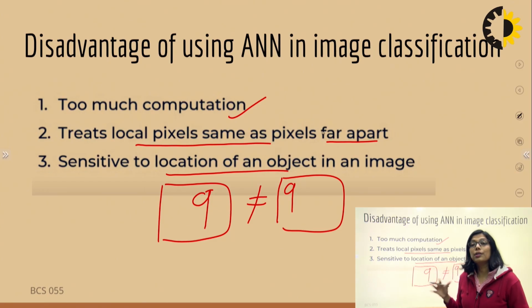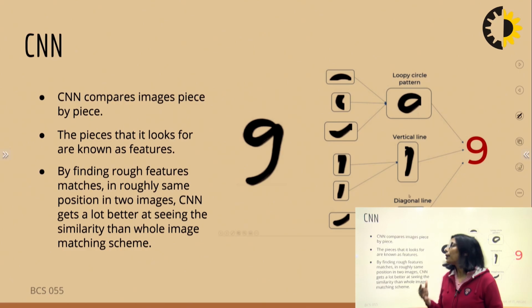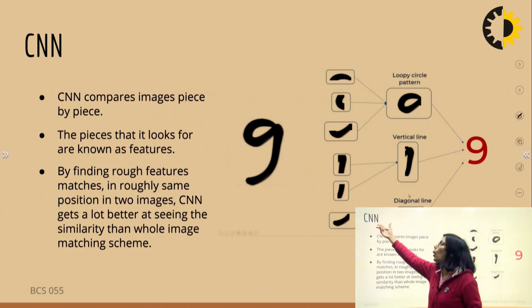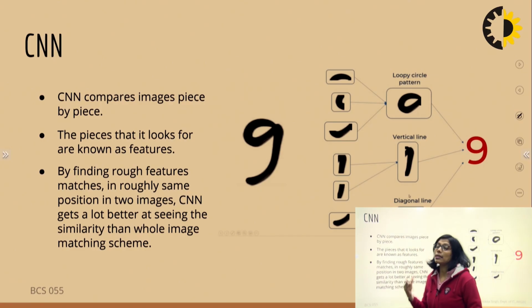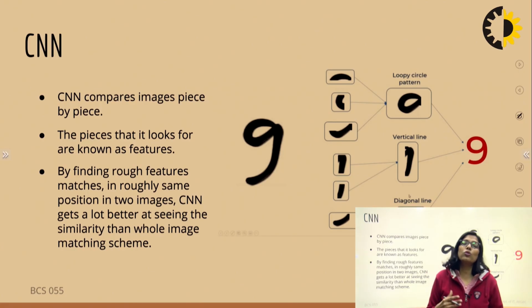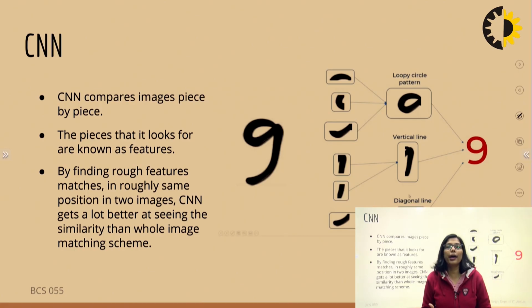So to solve these problems, we have started using the convolutional neural network or CNN. Now here the CNN compares images piece by piece. So it follows the same approach as we use to identify anything. Suppose I have seen a picture. How will we identify what the picture is of?